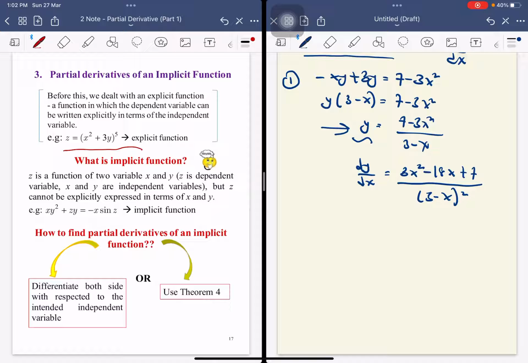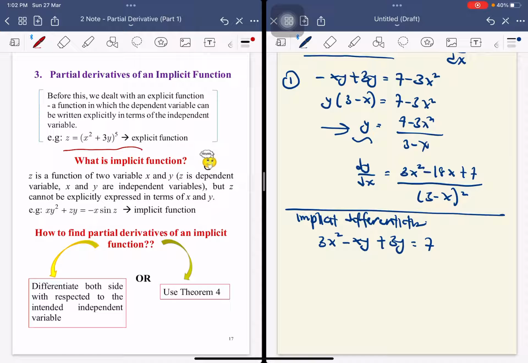From the original, using implicit differentiation, we have 3x squared minus xy plus 3y equal to 7. If we would like to differentiate both sides implicitly with respect to x, we have d dx of 3x squared minus d dx of xy plus d dx of 3y equal to d dx of 7.